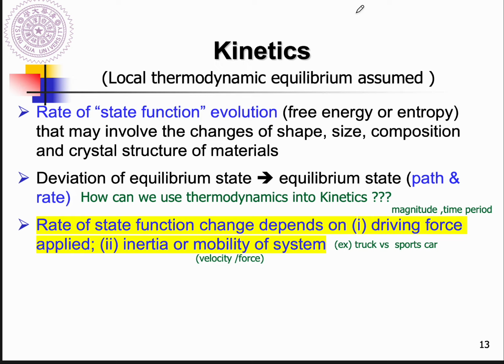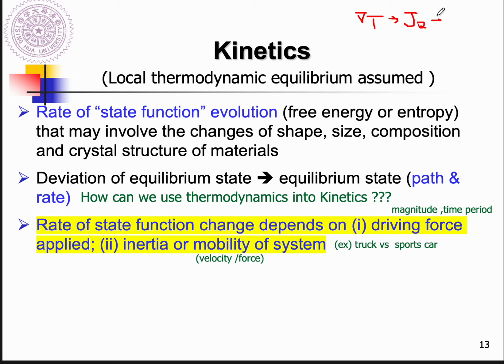If I apply a temperature gradient across the two ends of a metal bar, that will lead to a heat flux passing through the metal bar. So in this case, the driving force is the temperature gradient.